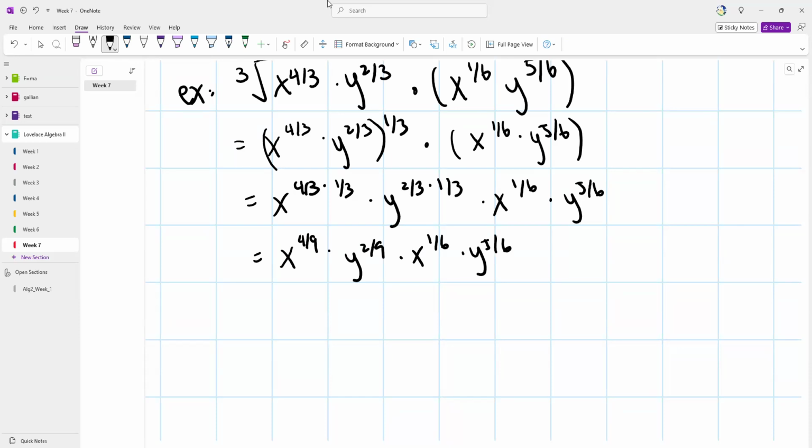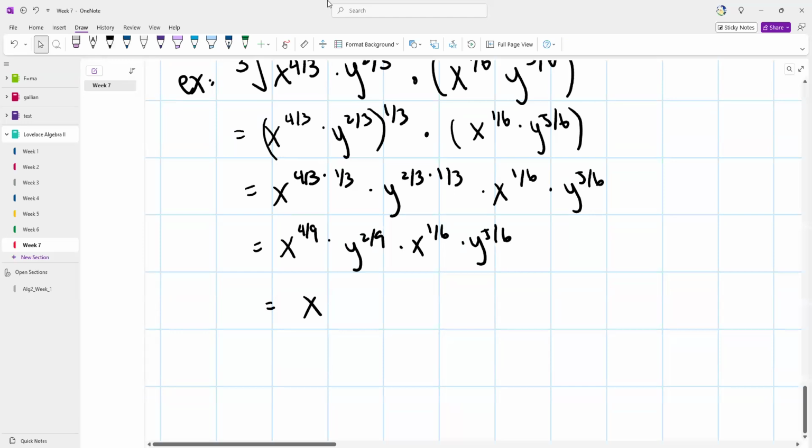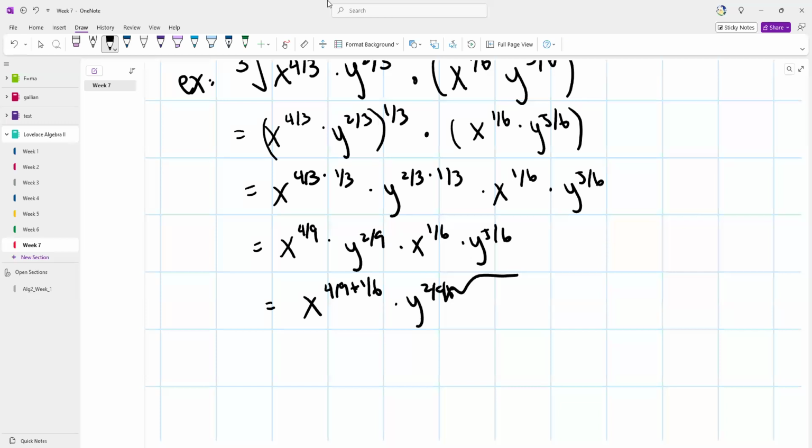And when you multiply two terms with the same base together, you have to add the exponents on top, right? So that'd be x to the power of 4 over 9 plus 1 over 6, times y to the power of 2 over 9 plus 5 over 6.